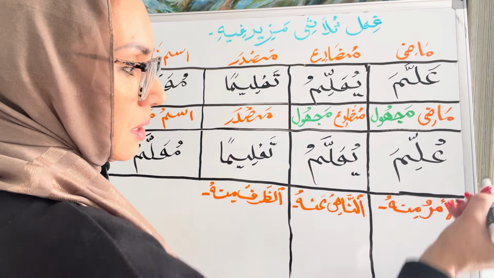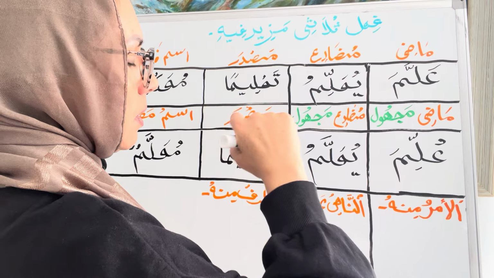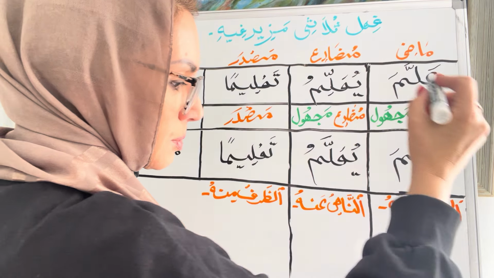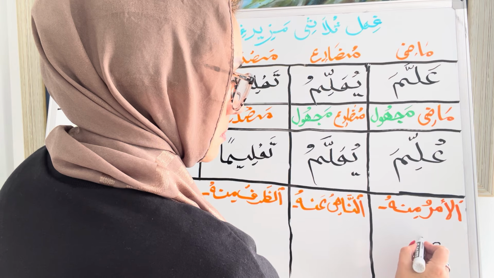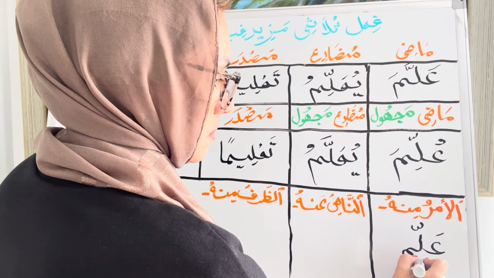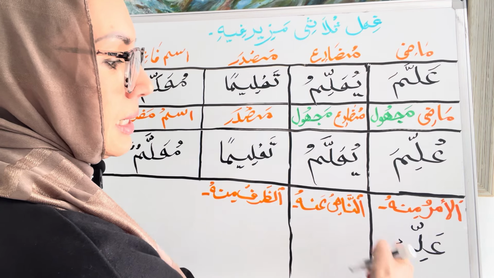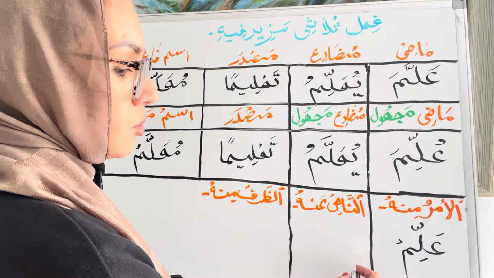And now we talk about al-amru minhu. How do we make this into a command? Allim, and it takes a sukun. And the prohibition, an-nahyu anhu, la tu'allim.